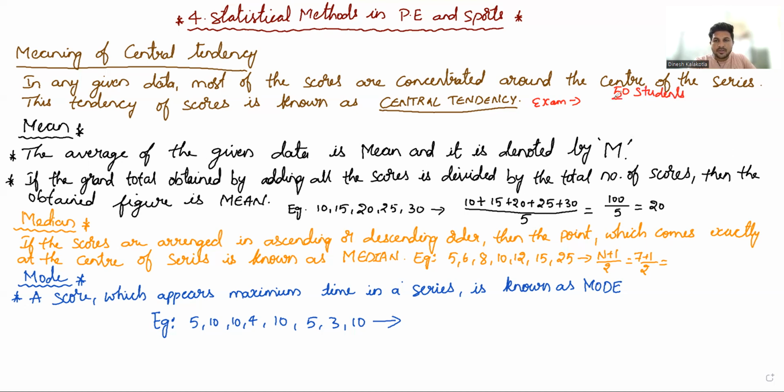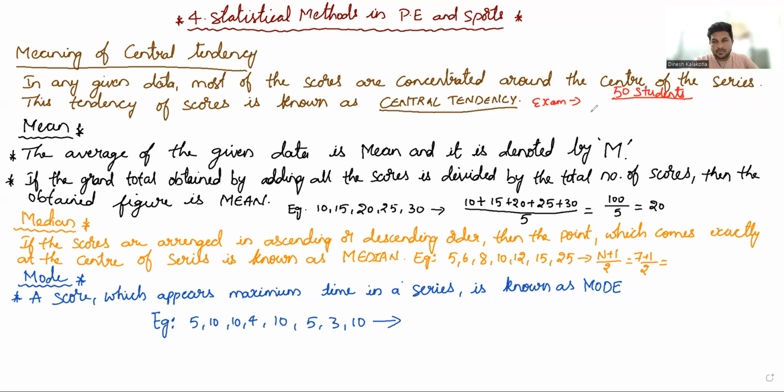Toppers will be very few, right? 10 to 20% toppers will be there who are very good at studying. And what about the below average and failure students? They will also be around 10 to 20%, right?